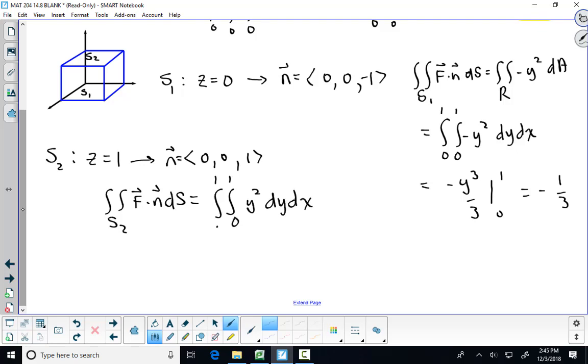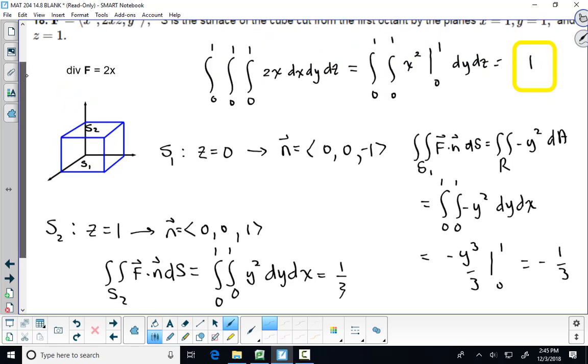Again, it's going to be 0 to 1, 0 to 1. What does that end up being? 1/3. Same pattern, but we know that we're not going to get 0 in the end. So this says there's 0 net between top and bottom. There's got to be some accumulation between the other two faces. To get 1.